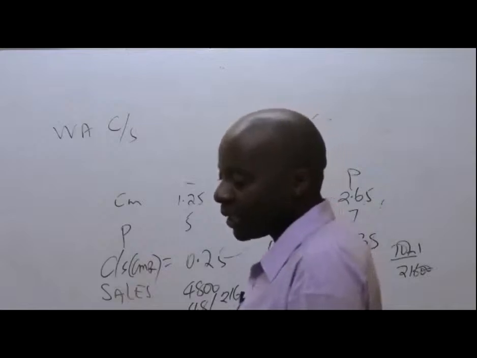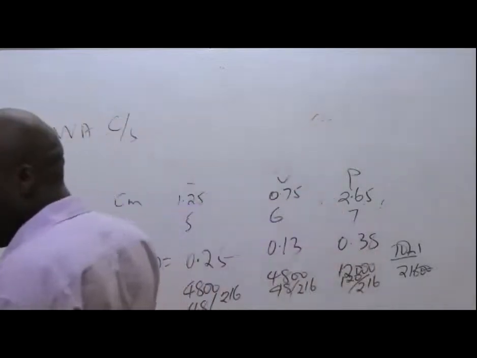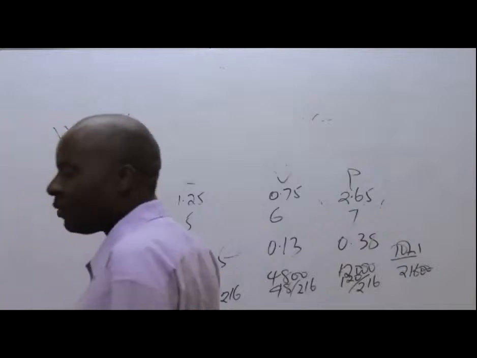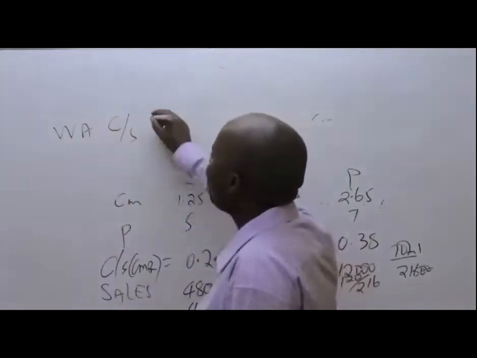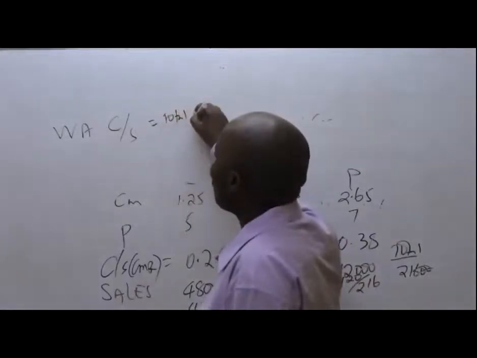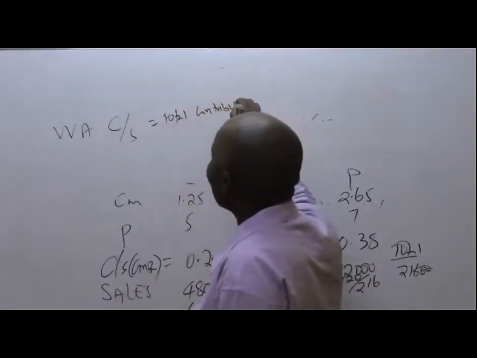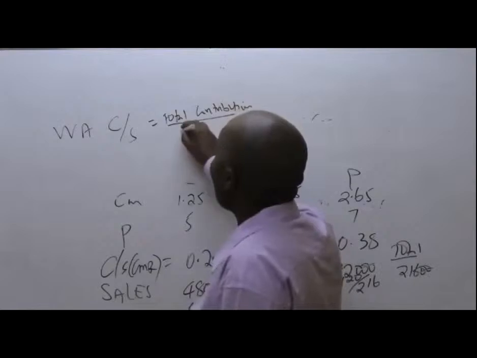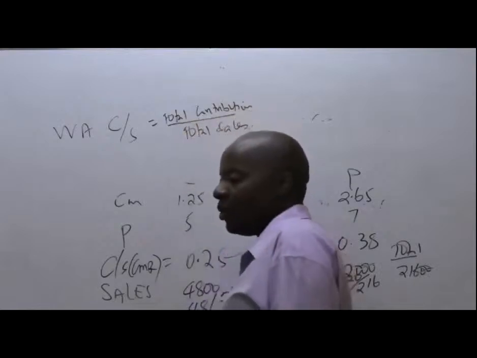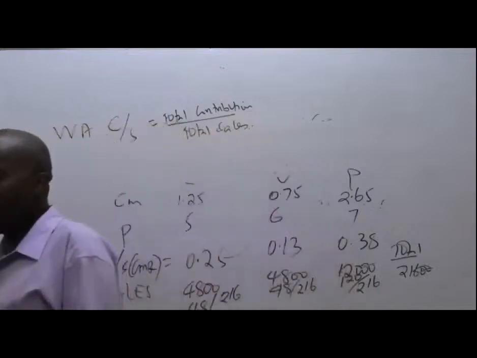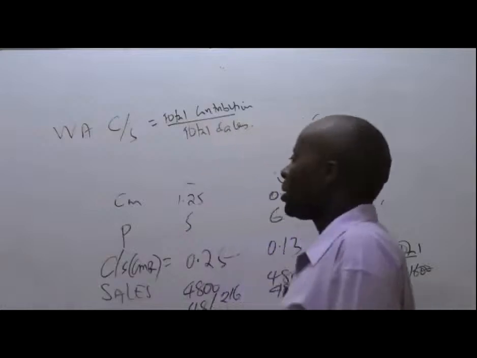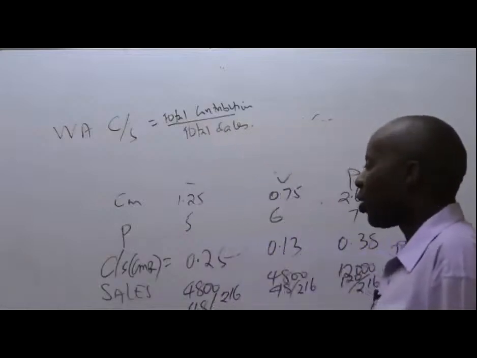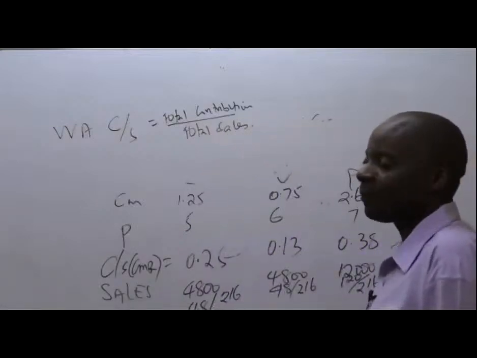To get this, you need to use this formula that you'll never forget: to get the WACS, you give us total contribution over total sales. Total contribution over total sales.